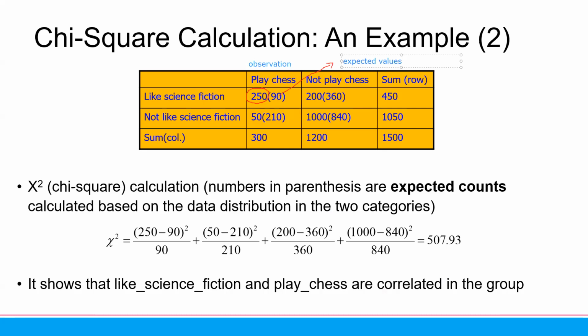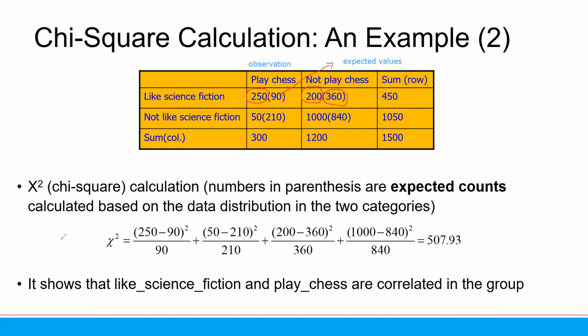I want to know whether someone who likes science fiction also plays chess, or whether someone who likes science fiction does not play chess. The number of observations is 200, but we expect 360. So we have the observed data, and we have the expected value.